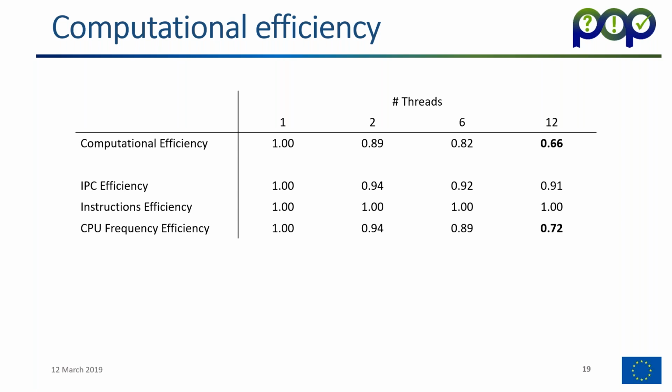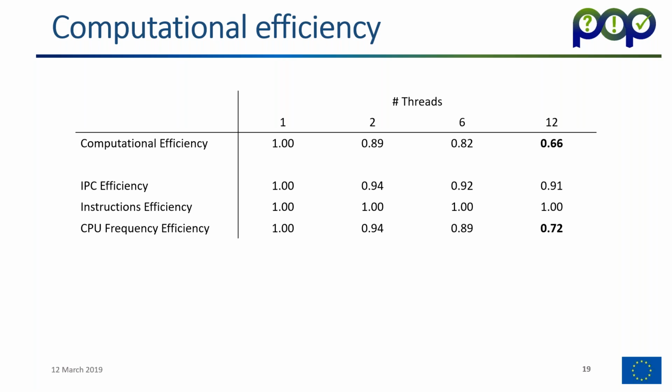The final efficiency, the CPU frequency efficiency, is looking at how the clock speed of the machines being used in this computation changes as we increase the number of threads. Whereas IPC efficiency and instructions efficiency were good, indeed instructions efficiency was 1 across the board, what we noticed for CPU frequency efficiency is that it stays high for 1, 2, and 6 threads and then declines at 12 threads.